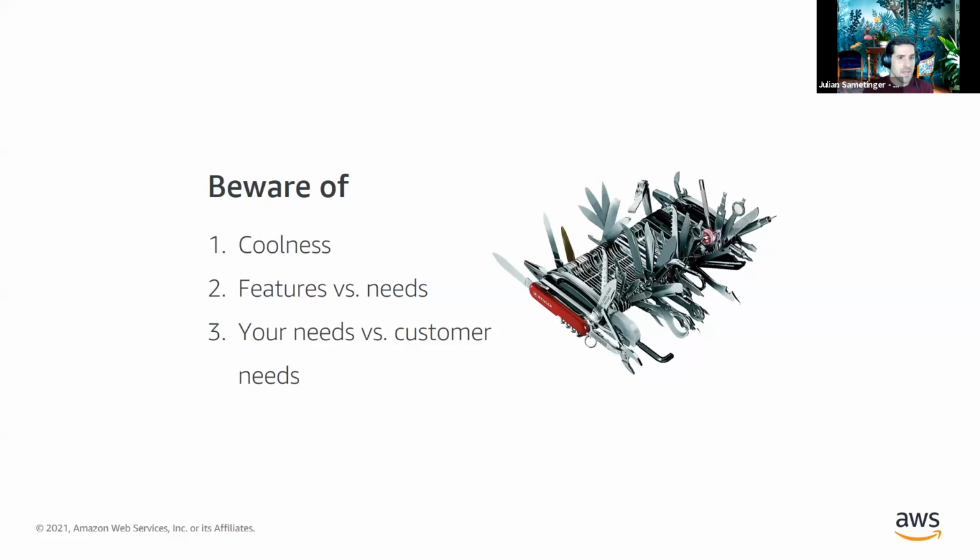And the third point to keep in mind is your needs versus customer needs. I think Jeanette and Lubna, you both mentioned examples of that. In general, a really helpful decision-making mechanism to keep in mind is to assess: is this something that your team needs or is it something a customer needs? So closely related to features versus needs, but slightly different.